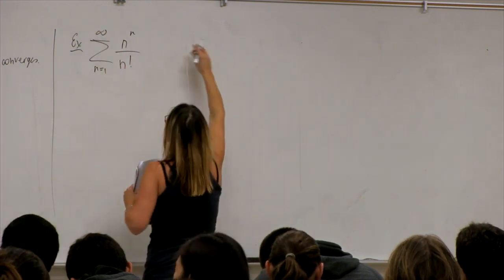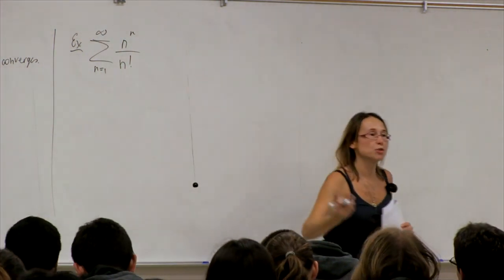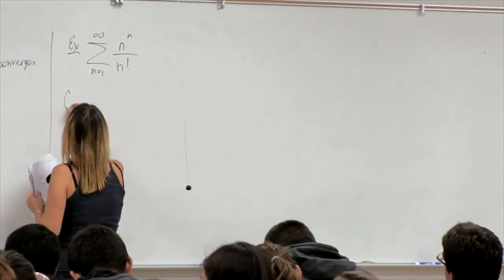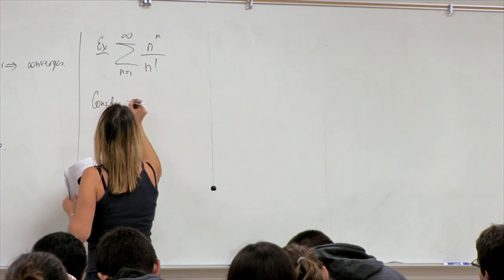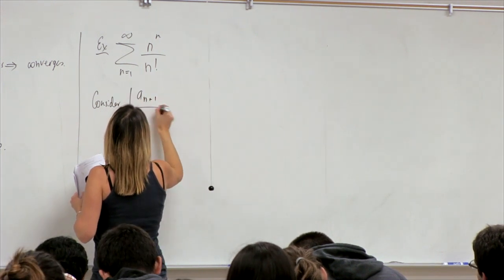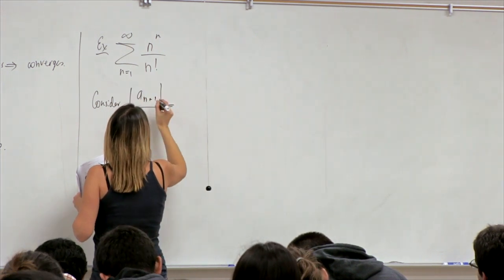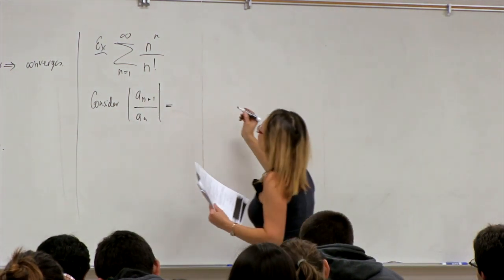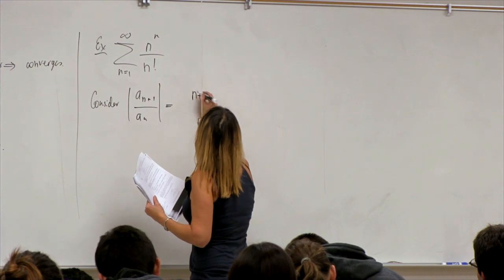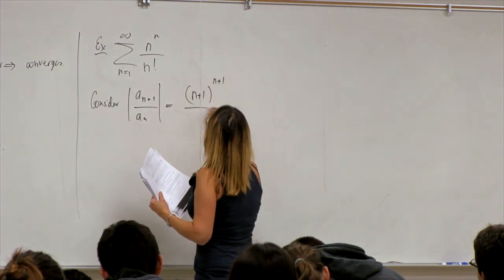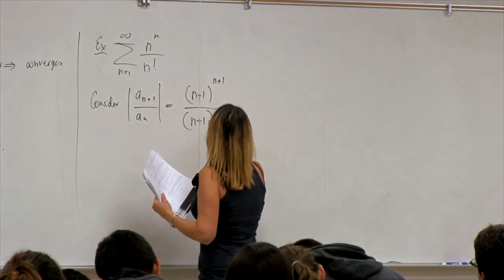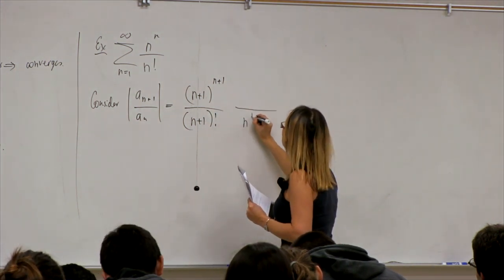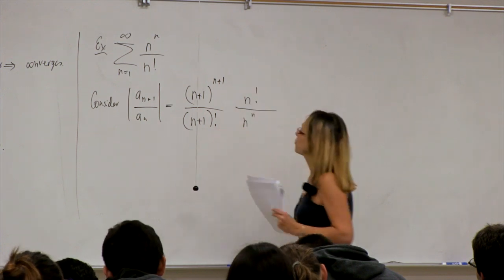By the way, when we have powers and factorials, the ratio test is good because things are going to cancel. Okay, so we consider an plus 1 over an. I'm going to drop the absolute values because everything is positive here. So what's n plus 1? We have n plus 1 to the n plus 1 over n plus 1 factorial, divided by an, so I have n to the n over n factorial.